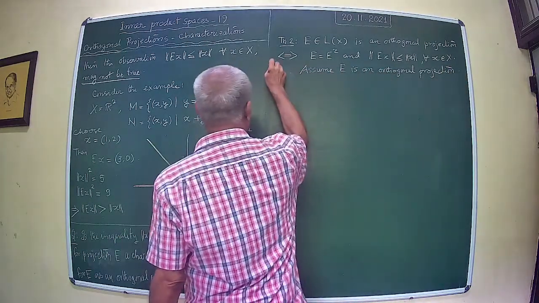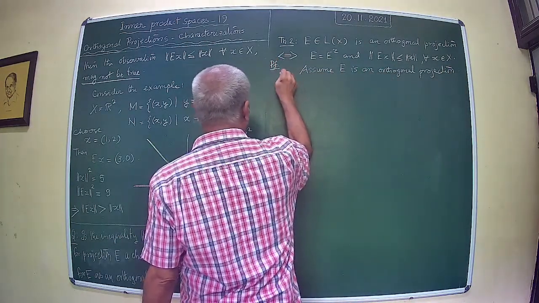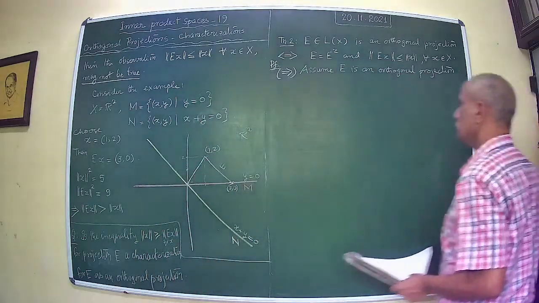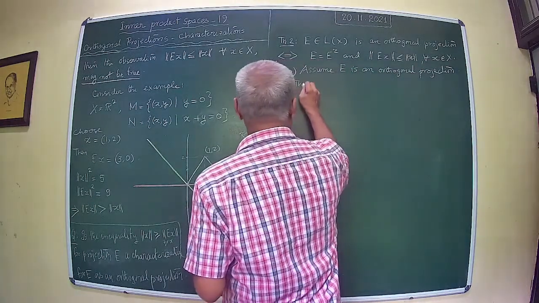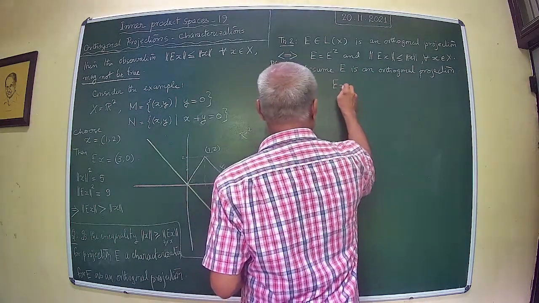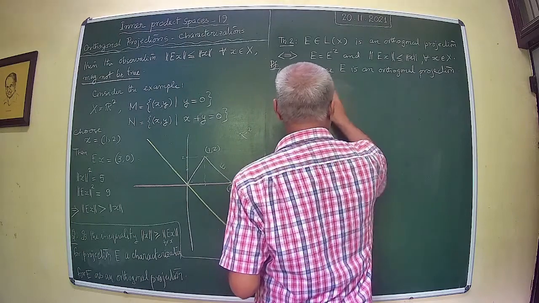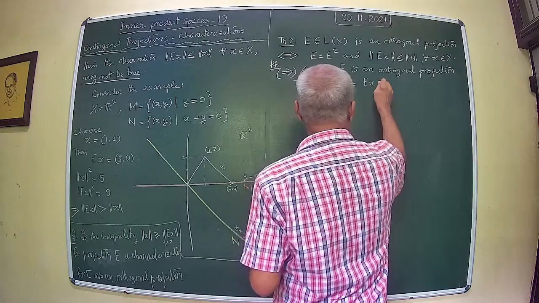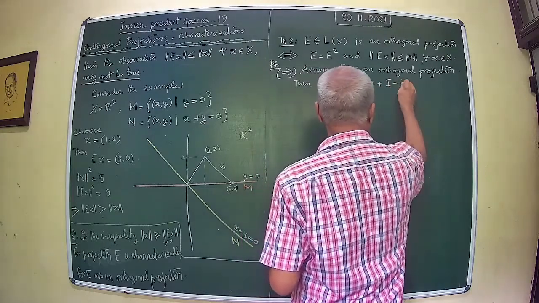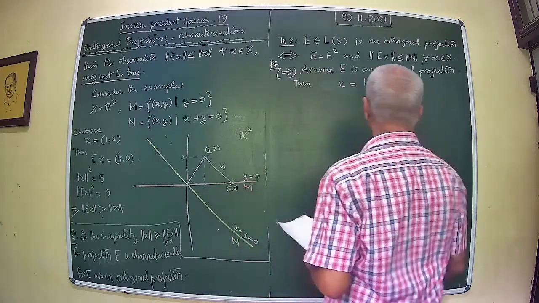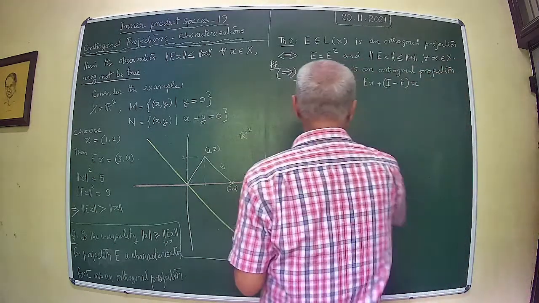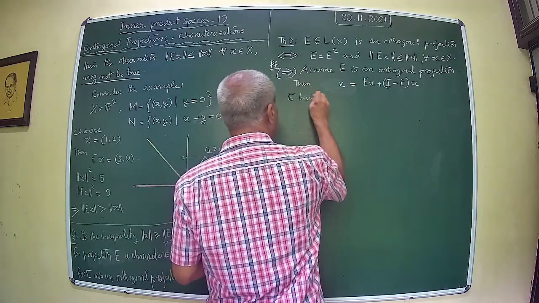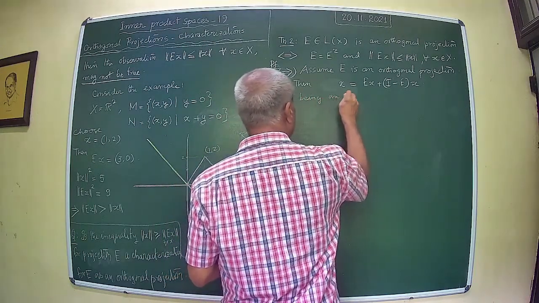See, we are going to prove this. Then we have Ex orthogonal to x minus Ex, E being an orthogonal projection.